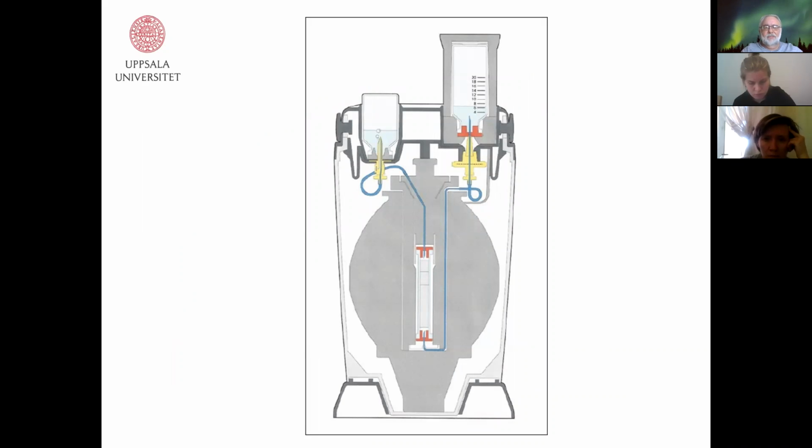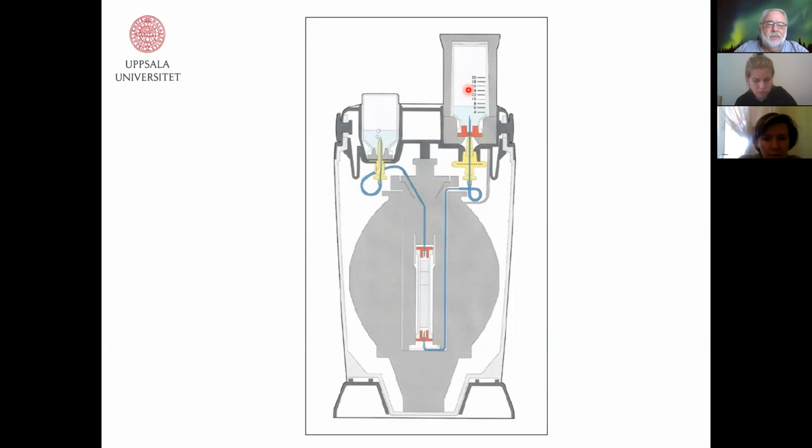Here is a scheme of one of the most commonly used generators. Such generators are produced in Tomsk as well. The construction might be a little bit different, but the core of the system is a column made with typically aluminum oxide, where molybdenum is absorbed in the form of molybdate ion.